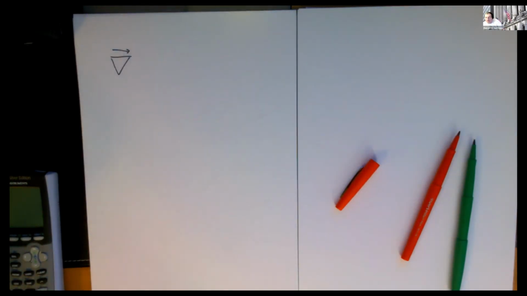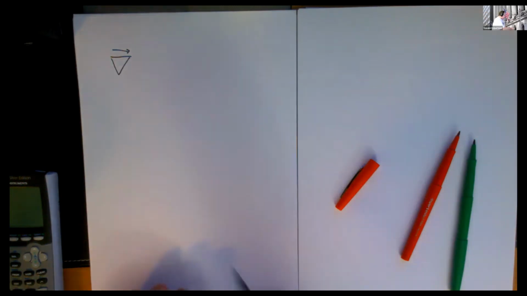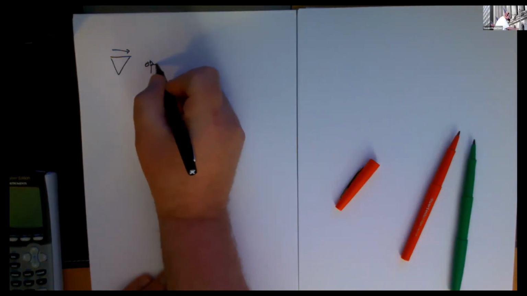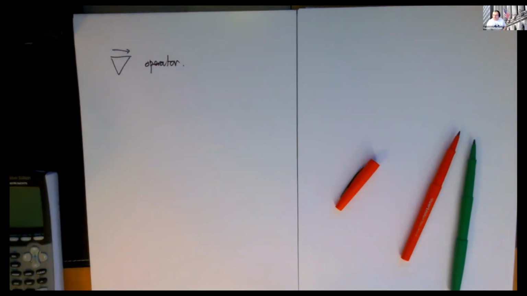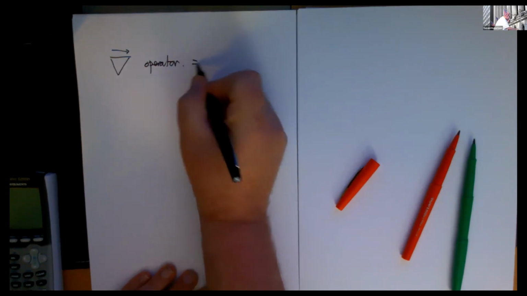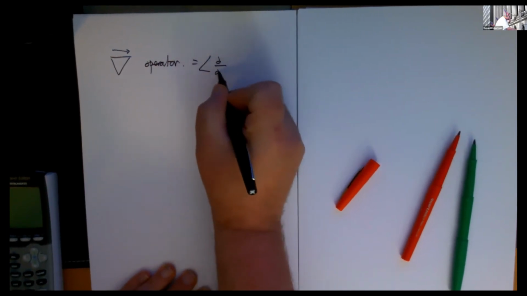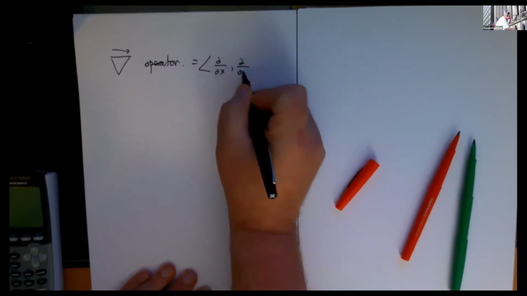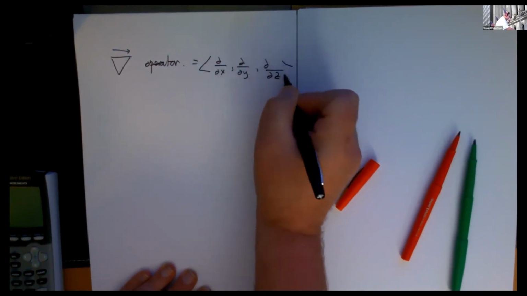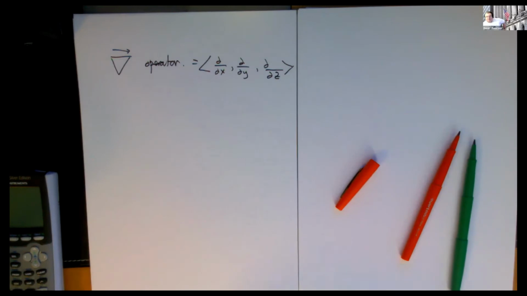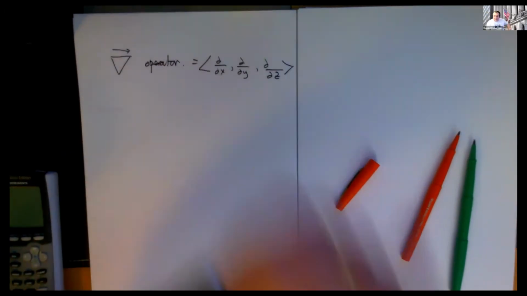Delta on its own, not delta F, but just delta on its own. It's called an operator. It means it's a thing that does something, right? It's an operator. And the delta operator is this fella. Now you notice that there's nothing next to the delta, right?